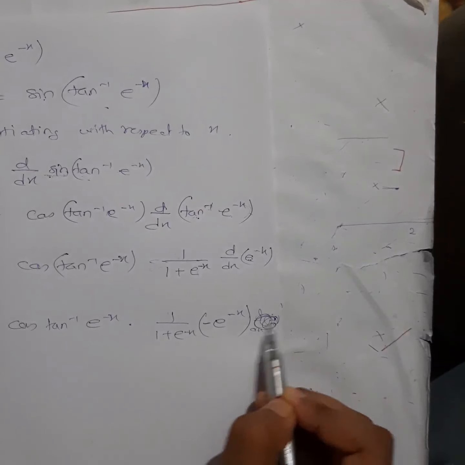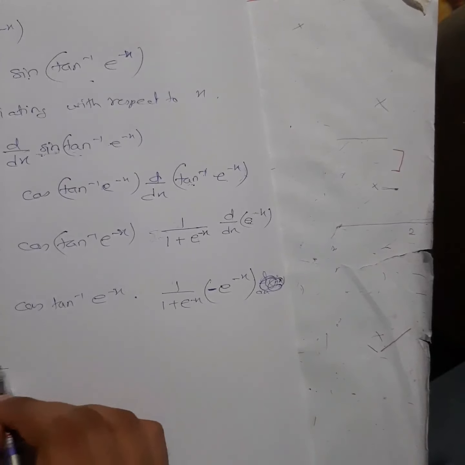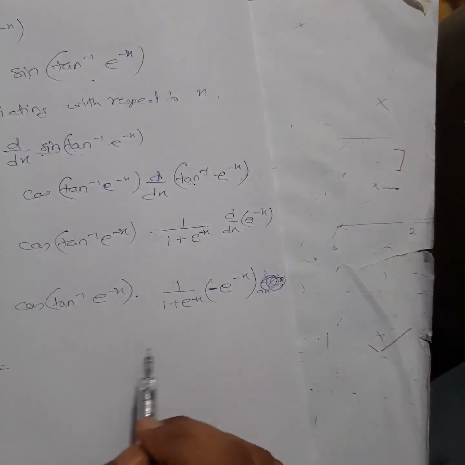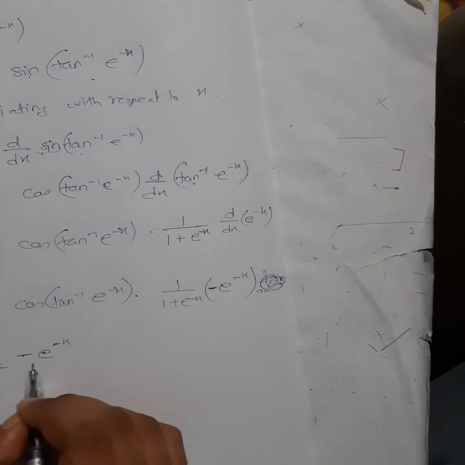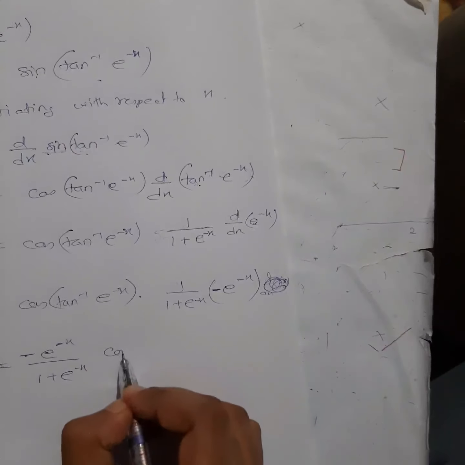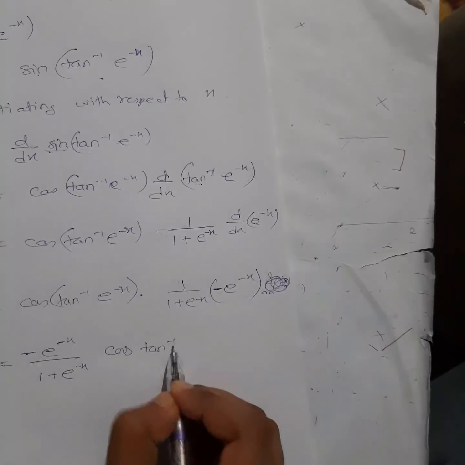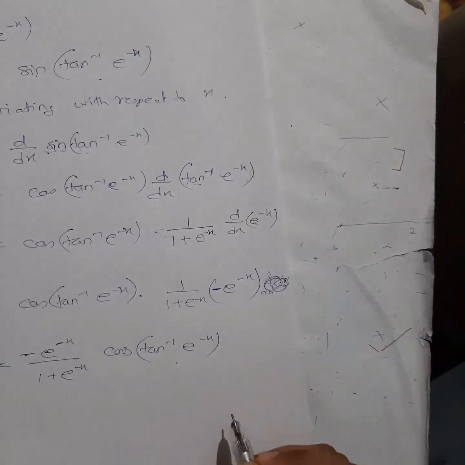So minus will come here. If I arrange this properly, you can write this as minus e to the power minus x by 1 plus e to the power minus x, times cos(tan inverse e to the power minus x).